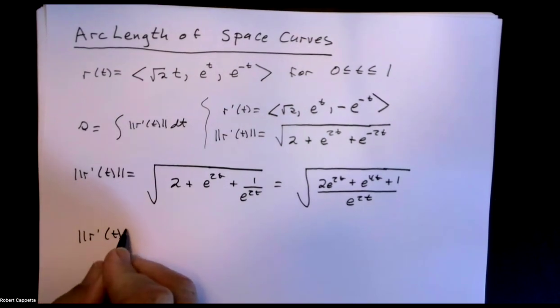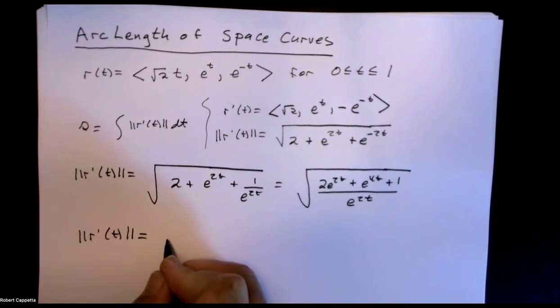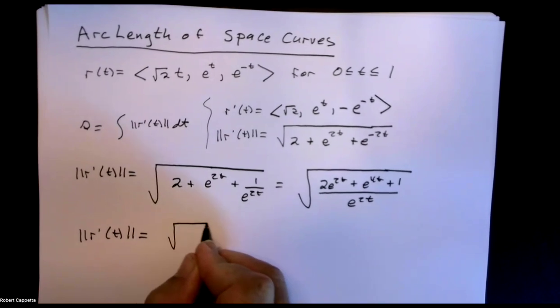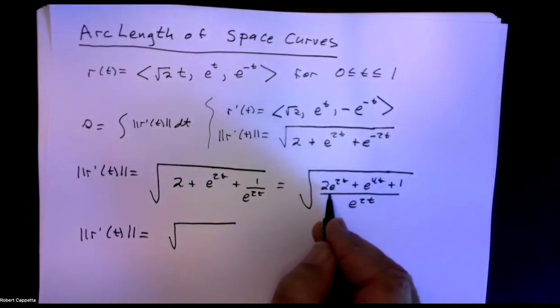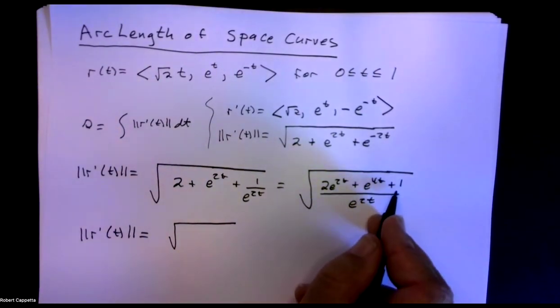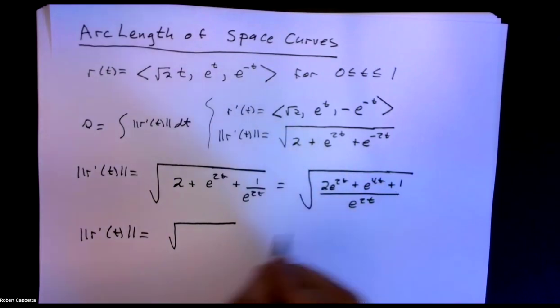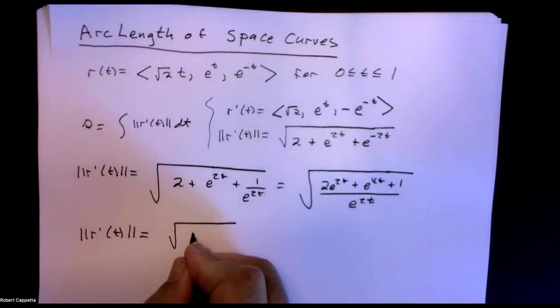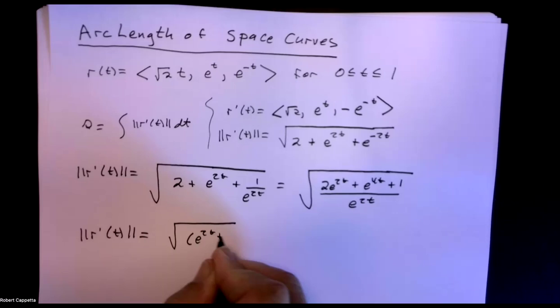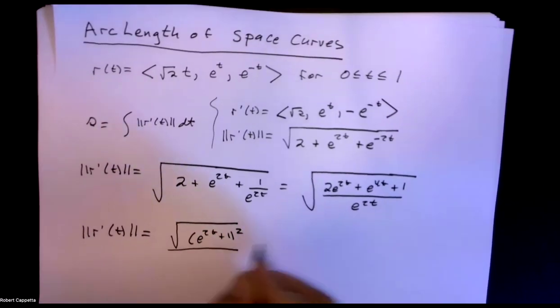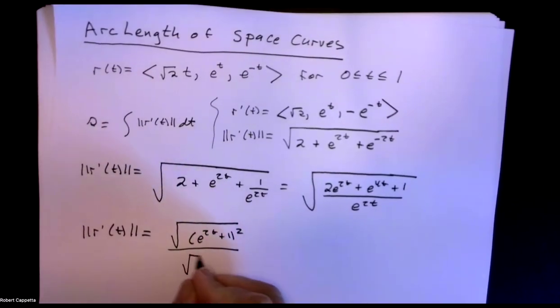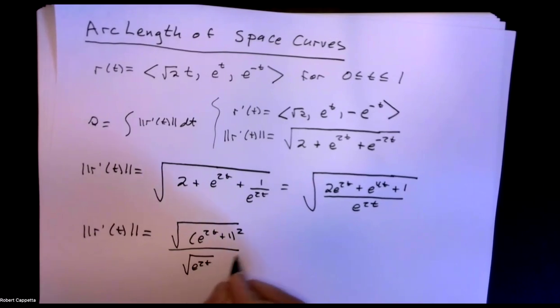So continuing with our algebra, then what do we have here? e^(4t) plus 2e^(2t) plus 1 is simply (e^(2t) plus 1) squared, divided by the square root of e^(2t).